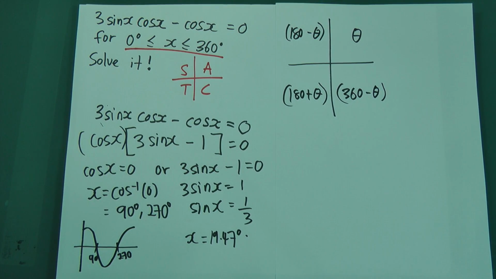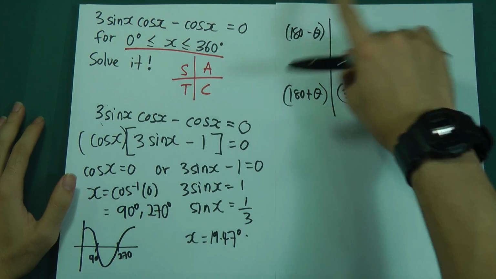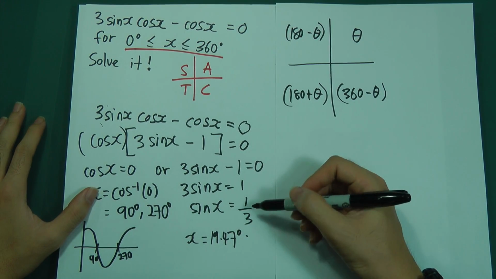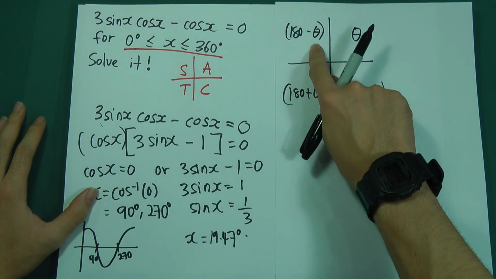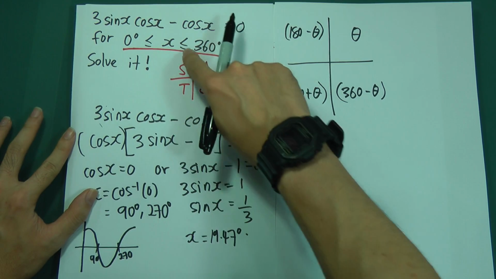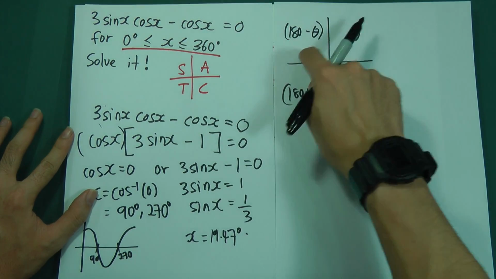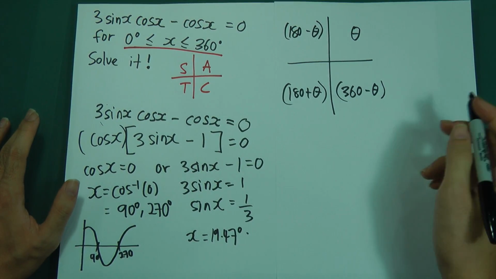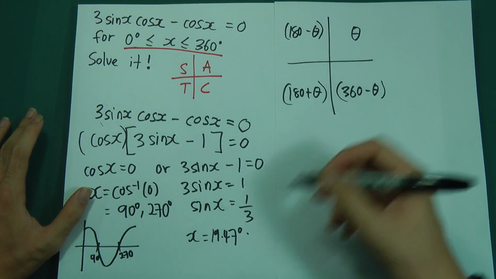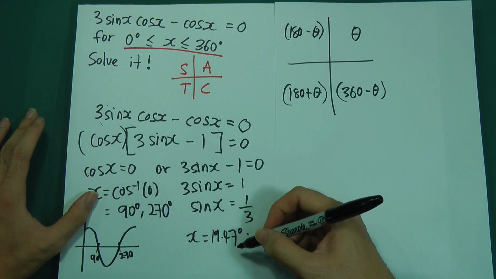If you still do not understand this, go and watch my last video, where I explain why this happens. So sin x equal to positive means the first and second quadrants, because in the first quadrant all are positive and in the second quadrant sine is positive. So the first answer is the angle, 19.49.